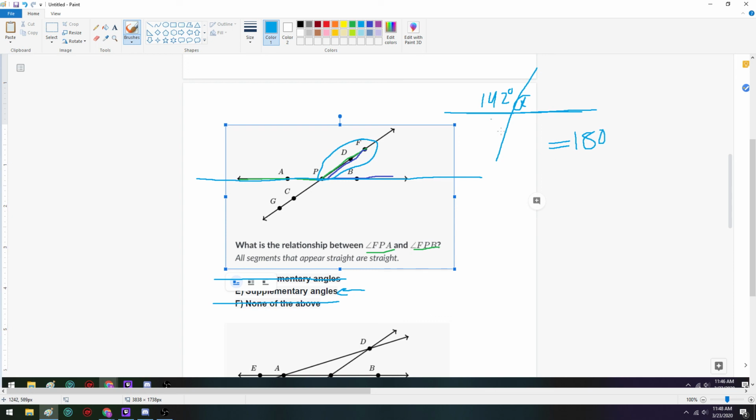We're already taking out 142 of it, so we just subtract them to get 38 degrees for x. This is what we're going to be looking into tomorrow. Just giving you a heads up on this. If you already understand how to identify them, you're good today. We'll be dealing with this stuff tomorrow.